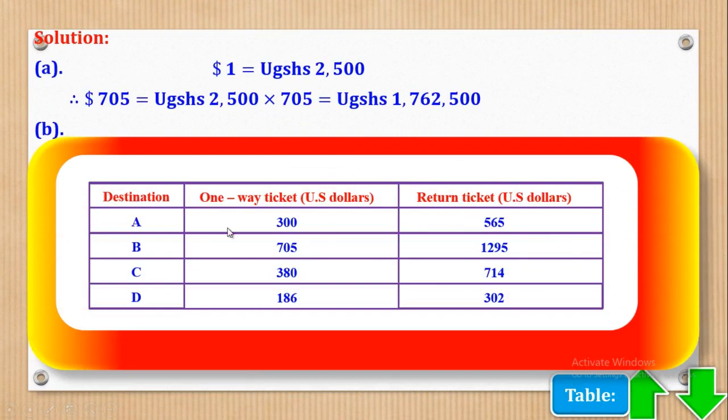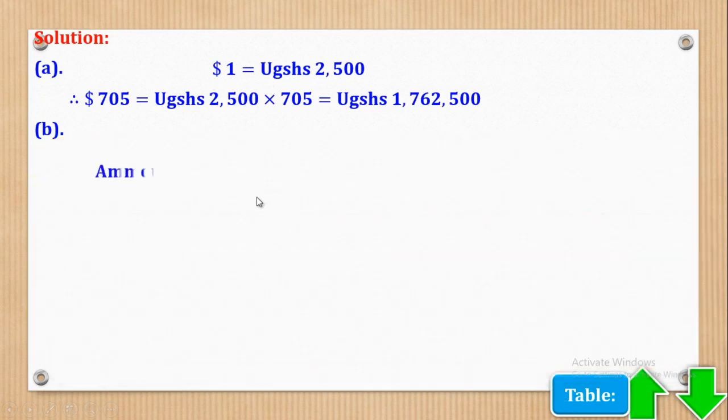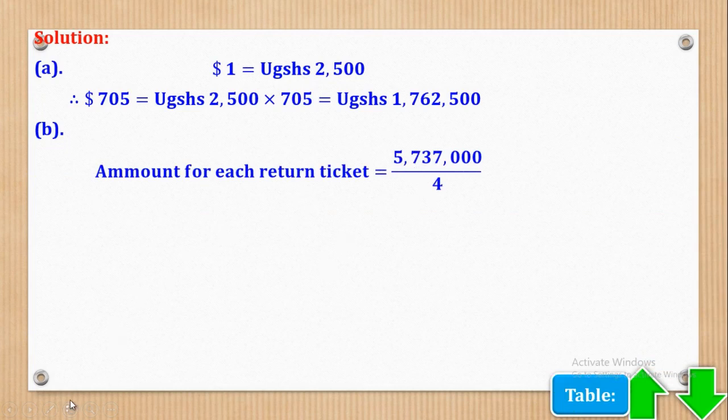Return tickets for destination A, each is $565. So the amount for each return ticket will be the total, which was 5,737,000, divided by 4 to come up with the amount for each ticket, which is 1,434,250.